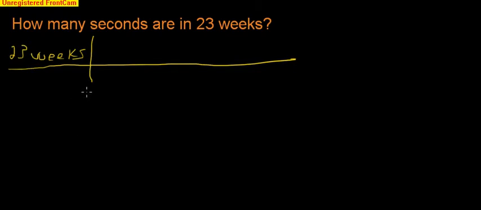So I've got my 23 weeks already here, and what I'm doing, if you'll remember in math class, if I have something like 3 over 3, or something like 5 over 5, these two are equal to 1.